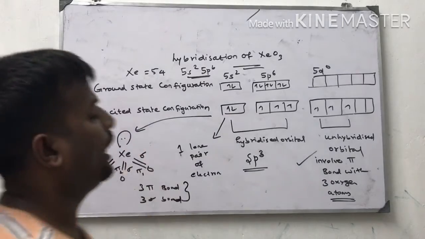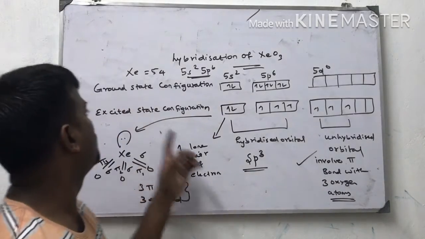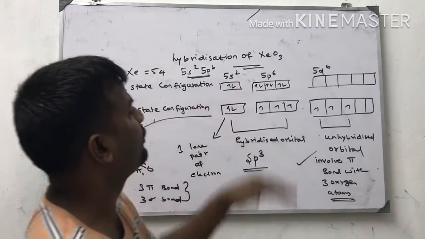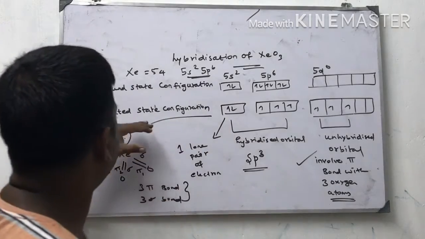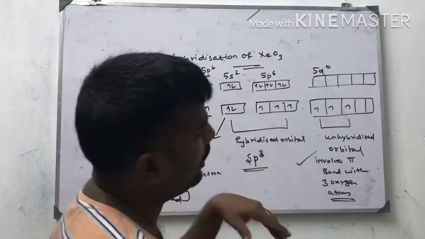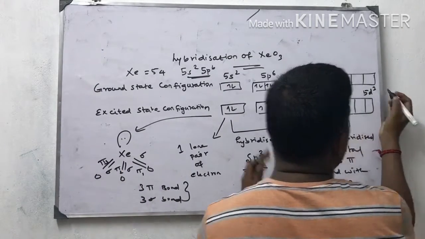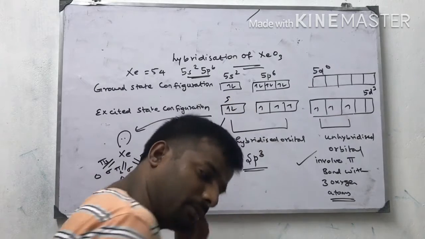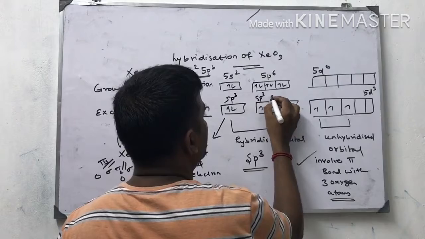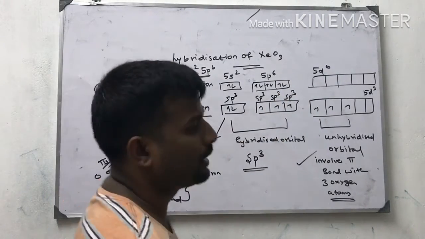So this is the electronic configuration of xenon trioxide. Ground state configuration is given like this: 5s2 5p6. Excited state configuration is 3 electrons from the 5p6 orbitals shifted to 5d3. Now it is 5d3. This will be sp3, and sp3, so these are all sp3 hybrid orbitals.